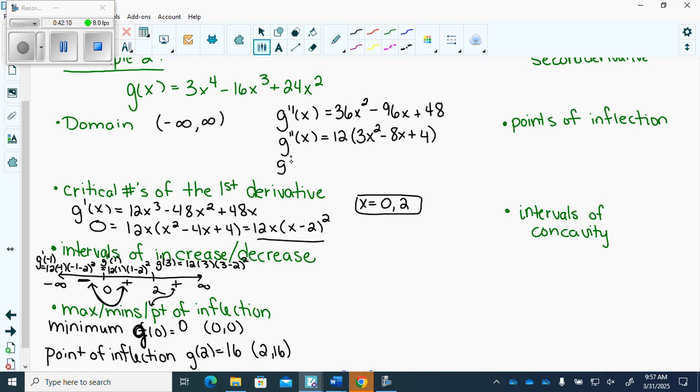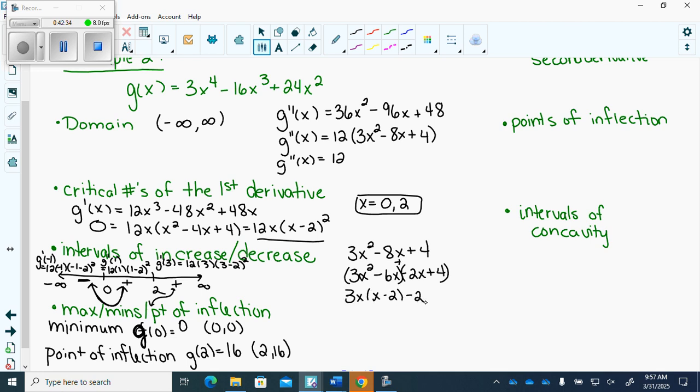So I get g double prime of x equals 12. If I want to do decomp on that, I go 3x squared minus 8x plus 4. What multiplies to give me 12 and adds to give me negative 8? Yeah, negative 6 and negative 2. Take out a 3x, you're left with x minus 2.